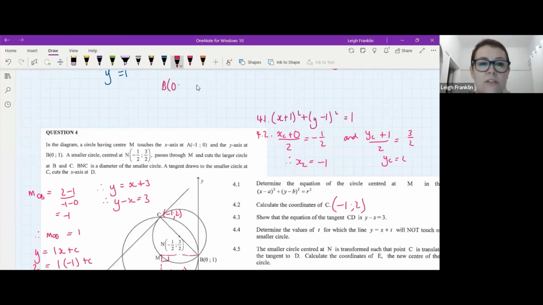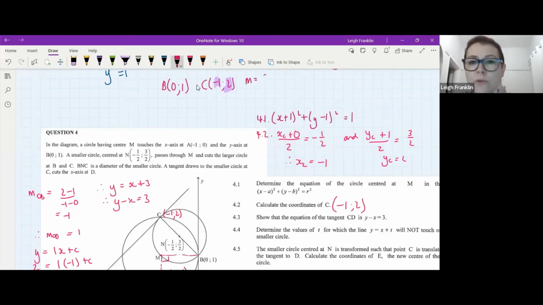No problem. Okay, so if you have got the coordinate at B and you've got the coordinate at C, it doesn't matter which one you make y1 or y2. What's important is that when you are working with the gradient formula, if you start with that particular y coordinate at the top, you have to start with its corresponding x at the bottom. So in other words, you can work out the gradient in 2 ways.